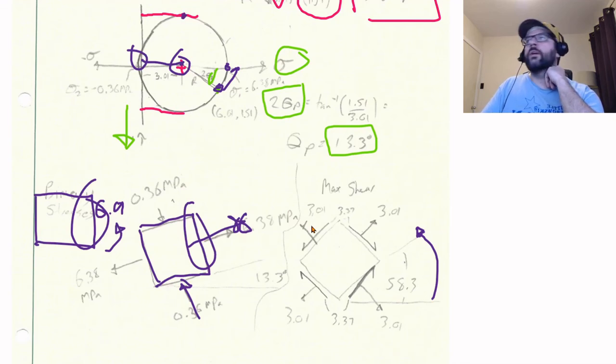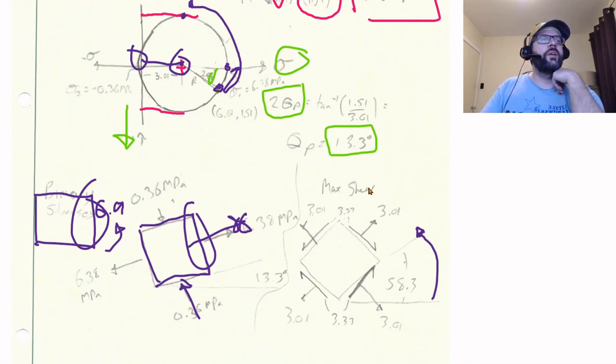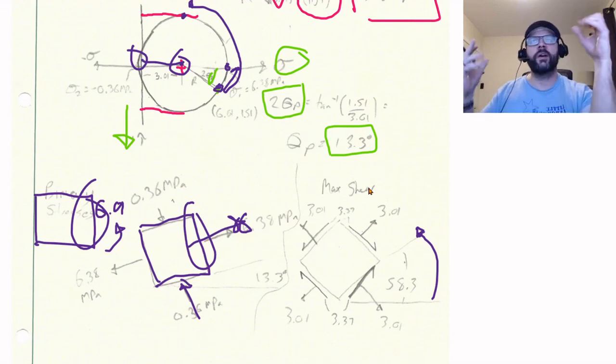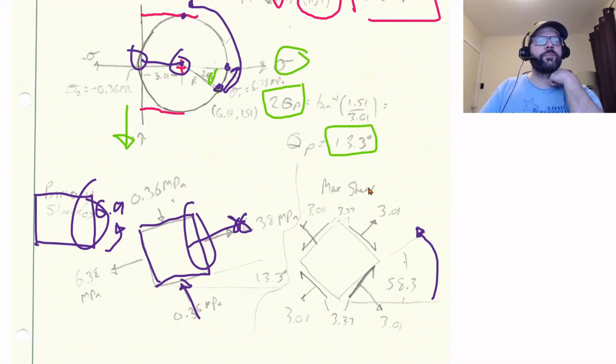So we're rotating all the way up this way. That means that the normal stresses are all going to be 3.01 megapascals tensile on all four faces, and then we're going to have the same shear stresses on all four faces as well. So that'll be 3.37 megapascals.